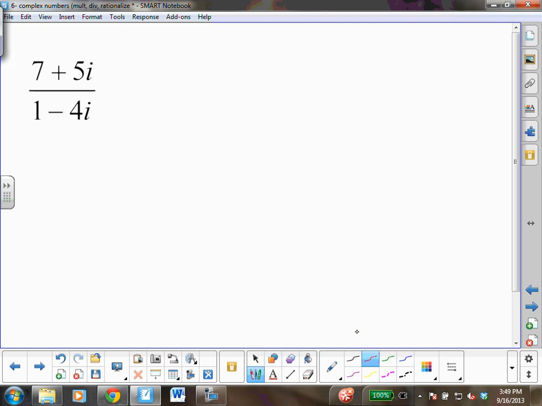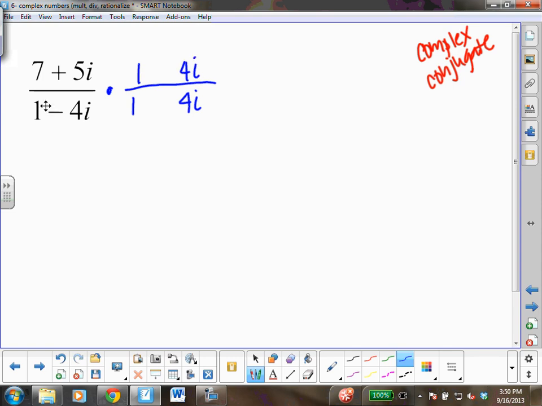When we do this, we want to multiply by the complex conjugate. You might remember the phrase conjugate from Algebra 2, but the conjugate basically says that the numbers are the same, but the operation is opposite. So instead of a subtraction, we are going to have adding.